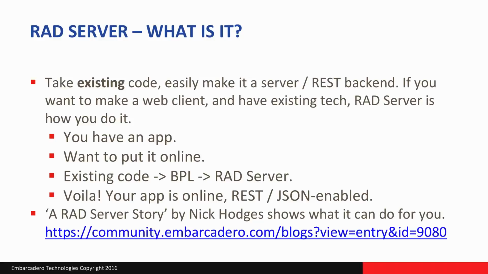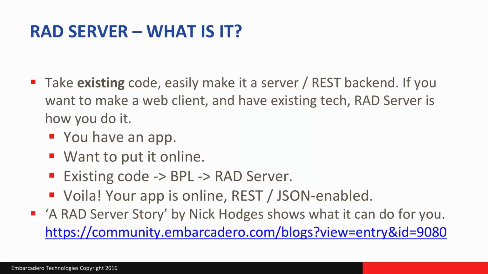And what that means is that you can take existing code, your existing application, and easily make it a server or REST backend. So if you want to make a web client, if you want to make a web application, and you have a desktop application, you might be considering that that would be a huge job. How do you do it?